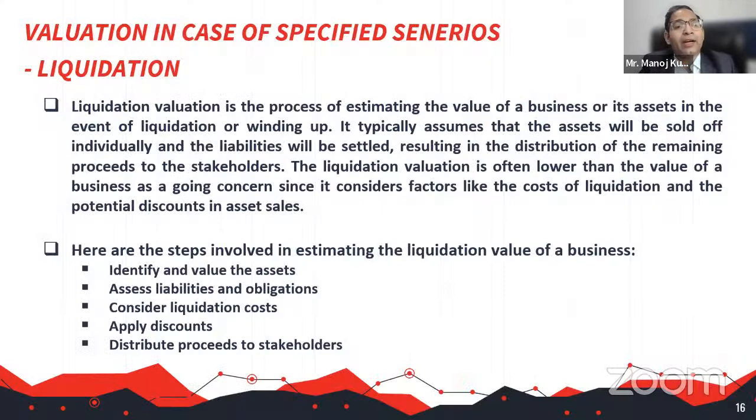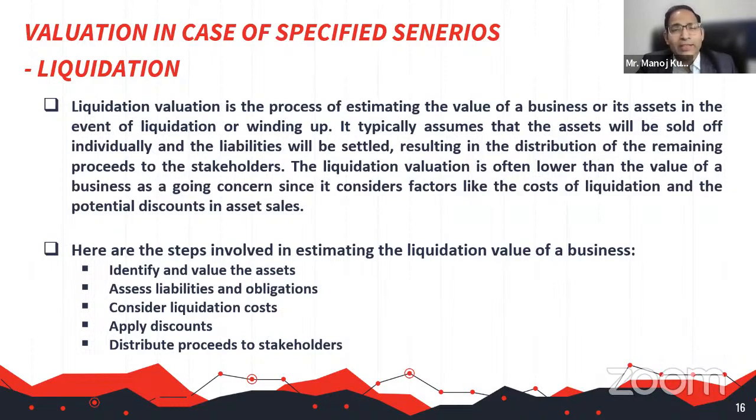Another situation can be a liquidation situation, or when the company is getting closed down. It can be under an insolvency situation, or a voluntary liquidation or voluntary close down of the business. In such situations, obviously there is no purpose in determining the free cash flow of the business. There is no business, there is no going concern status.